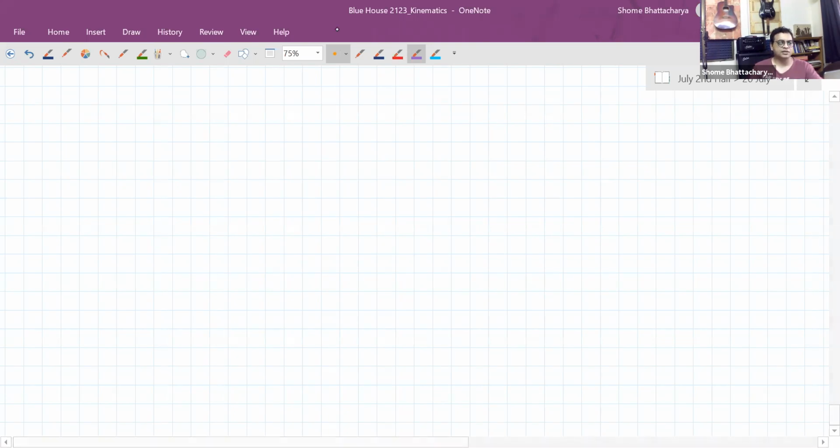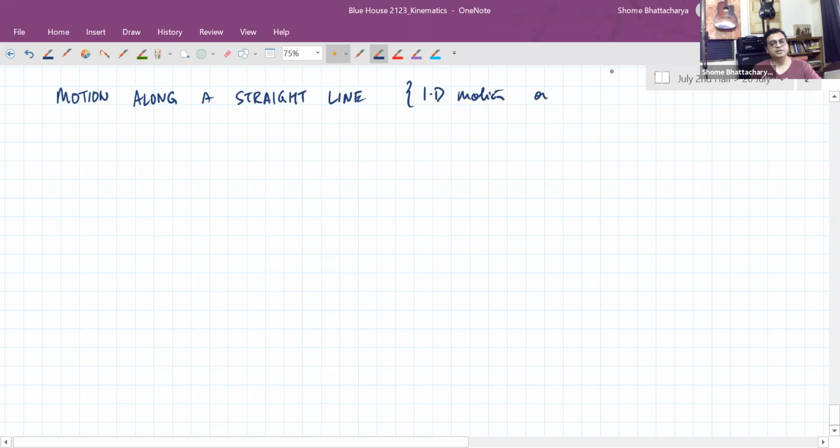After having understood these definitions and the relationship between these quantities, we come to the special case of motion along a straight line, which is a somewhat simpler version of motion. In short form, we'll just call it 1D motion, or one-dimensional motion. So that's how the term 1D comes.